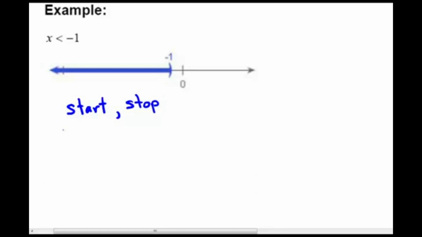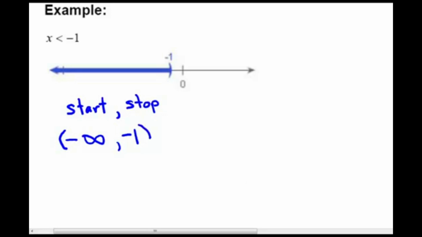So we're never able to touch anything on the left. So this one is going to come from negative infinity. The stopping point, or the rightmost point on the graph, is going to be -1. And our notation will get a parentheses just like the graph.